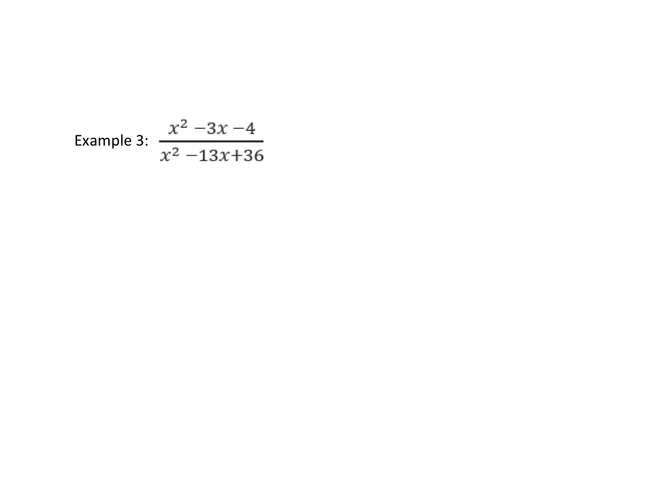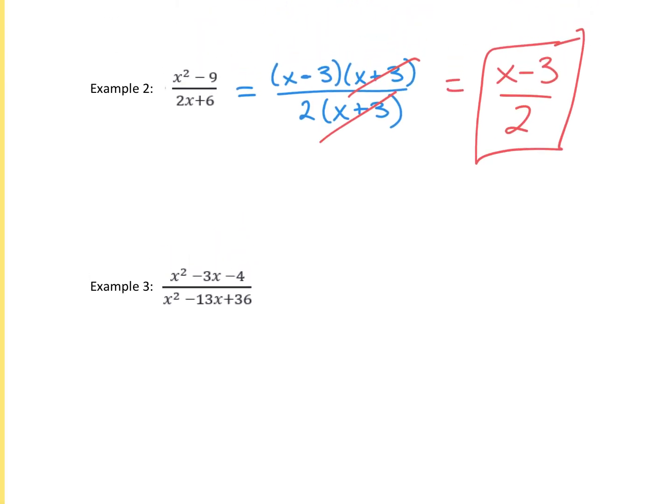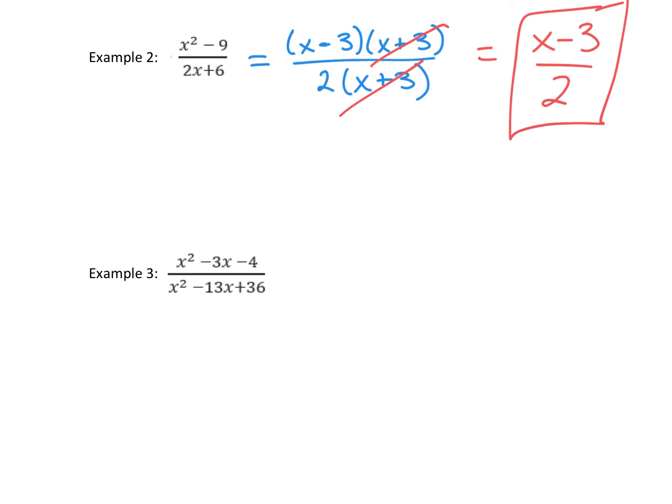And then number 3. It was x minus 3 over 2. All right, number 3. On the top, what can we do with that? X method. We should be getting good at X method. What goes on top? -4, bottom. Two things that multiply to -4, add to -3.